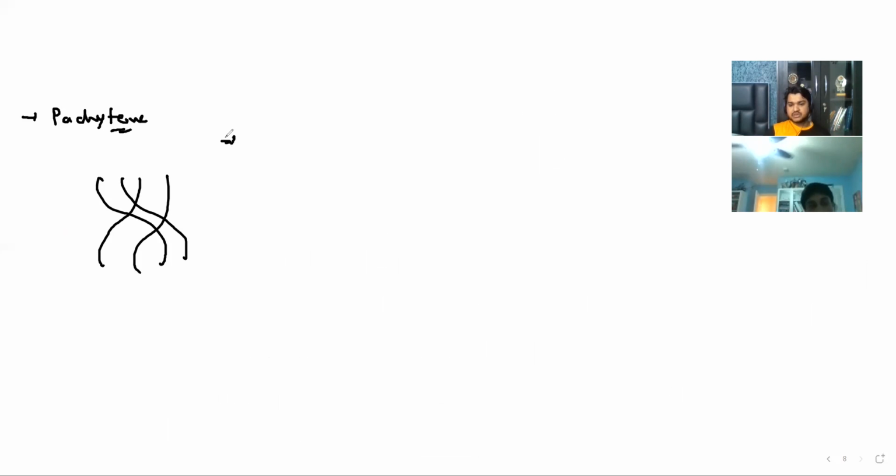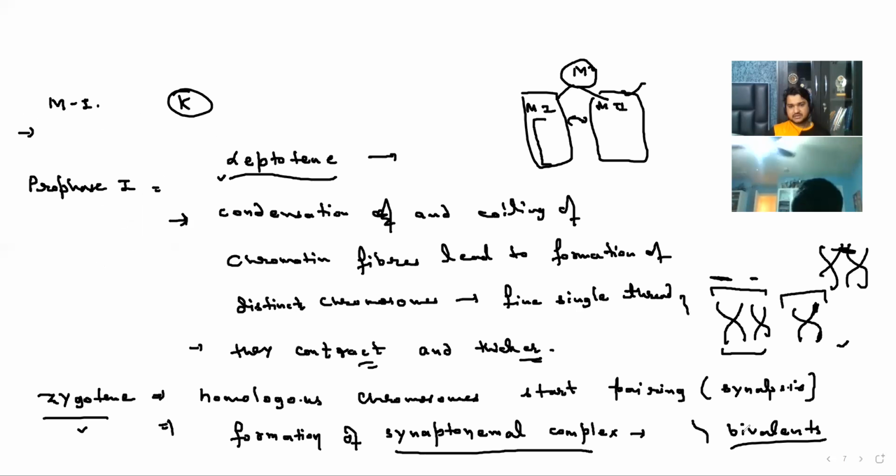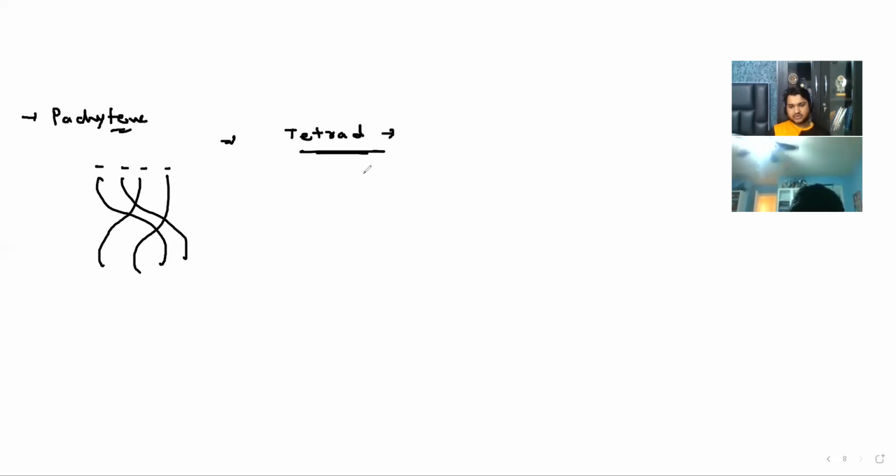So the two sister chromatids of each chromosome are completely visible, and they now look like a tetrad. Tetrad, because there are one, two, three, four. So firstly, they were bivalents, separately bivalent, and now the bivalent becomes a tetrad. Total four.